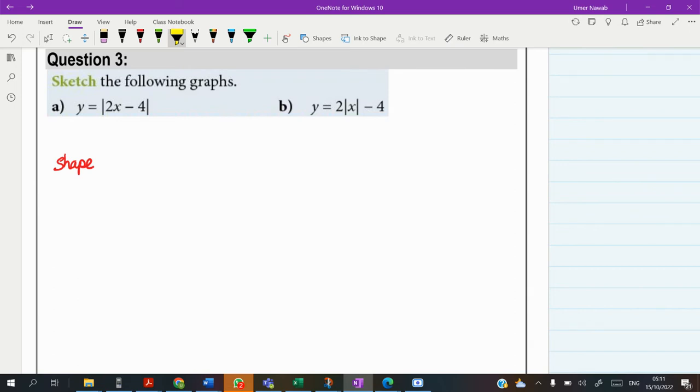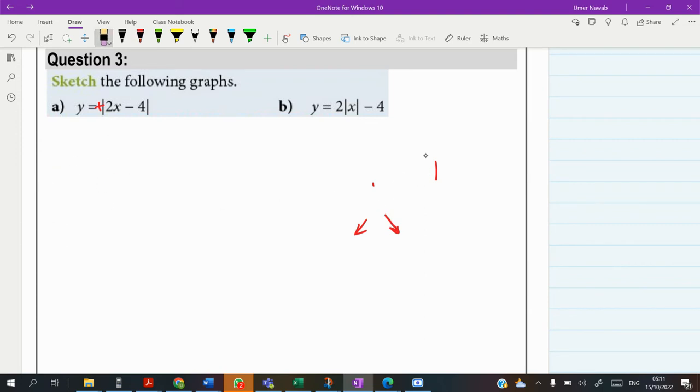The V will be seen when there is a plus sign behind the absolute sign, or if there is a negative sign seen behind the absolute, so minus, at that time the V is upside down, and here you can see the absolute is positive, so you will get the face of the graph upward.